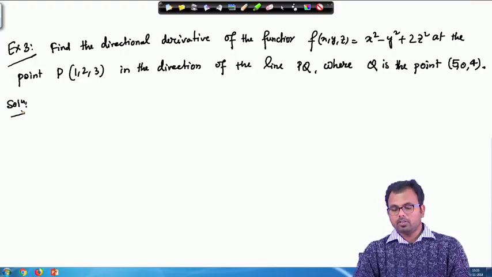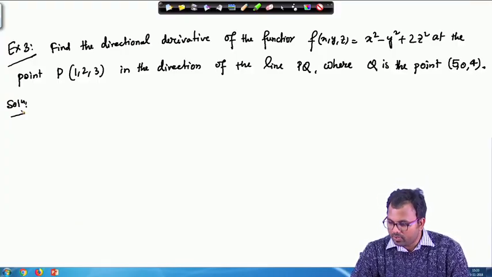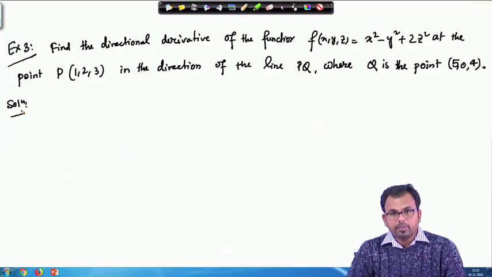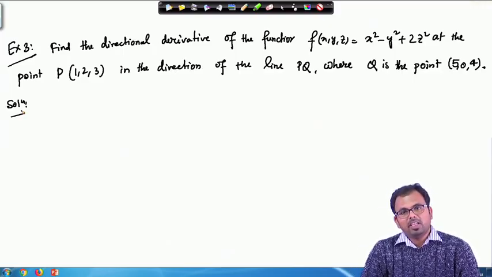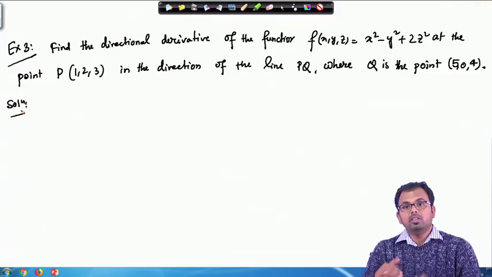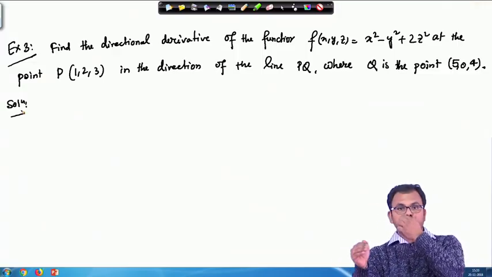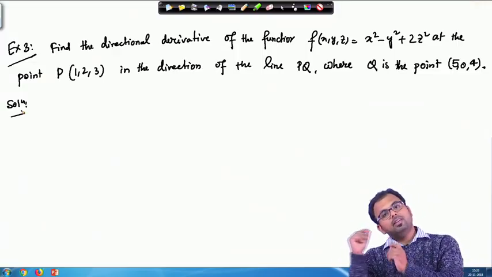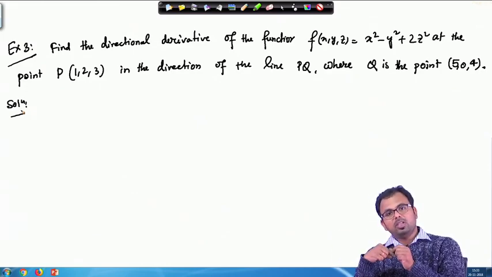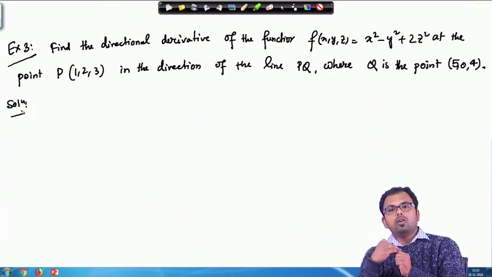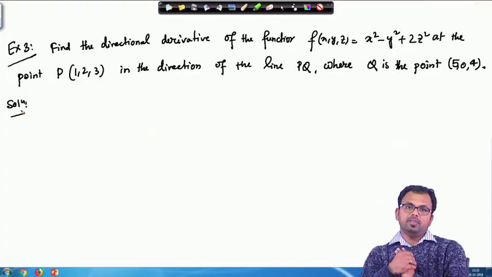So, here we are asked to calculate the directional derivative of the function f at the point P, but instead of giving a vector in the direction of which we are supposed to calculate the directional derivative, we are given another point, and the vector which you obtain by joining P to Q is along which we have to calculate the directional derivative.